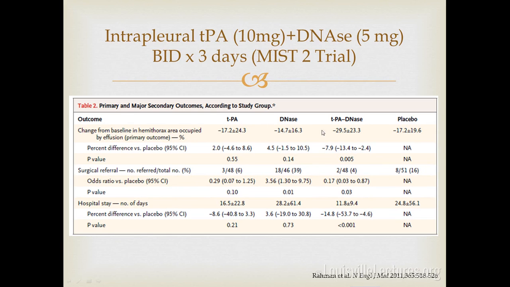And so what they found was, in the 3 arms, if you combine TPA with DNase, your chest x-ray improved much more than the other arms. You required surgery much less, and you stayed in the hospital much less. So this has more or less become the standard of care when it comes to intrapleural fibrinolytic therapy. 10 milligrams of TPA, 5 milligrams of DNase given twice a day times 3 days.